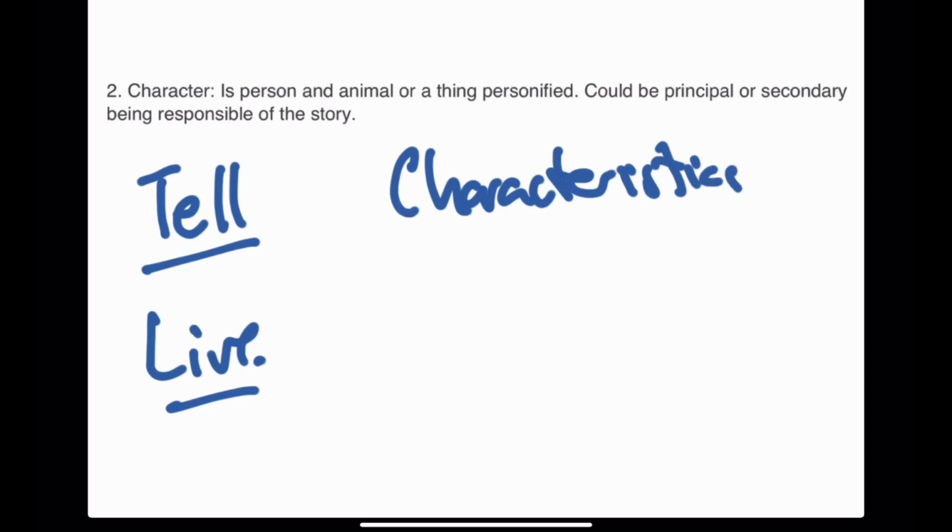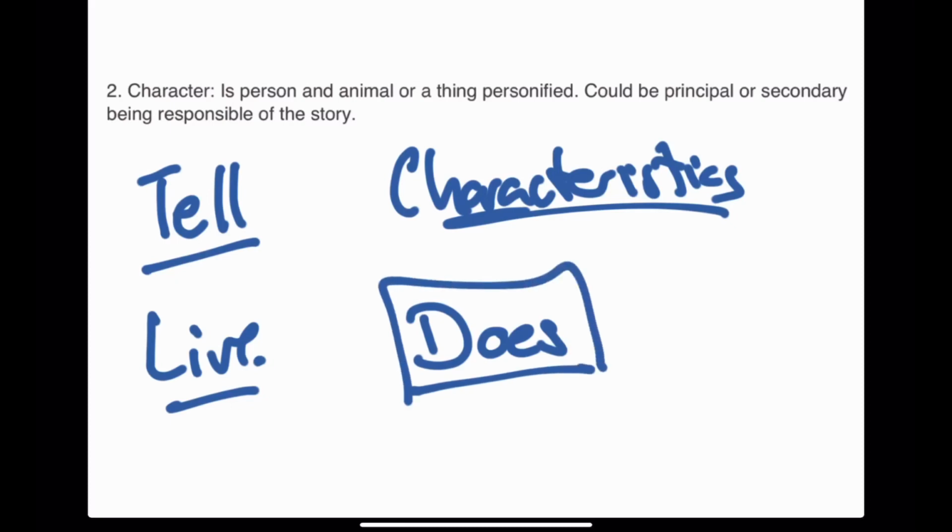He, she, or it has some characteristics that could be described by the author for the reader, and we could say that that person or that animal or that thing does things in the story, so it's kind of the doer of the story.